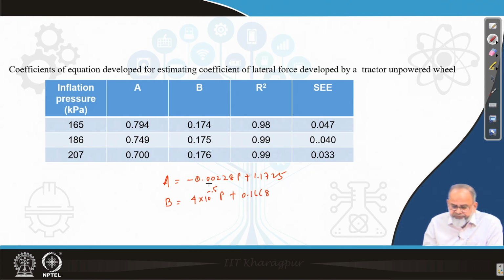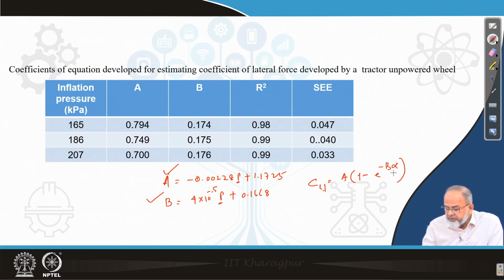That means, if you know the inflation pressure, in this equation the pressure is in kilopascal, immediately we will find out, once you know the pressure at which you are going to operate, then the A and B values can be calculated. Then these values can be substituted in that equation, CLF, the coefficient of lateral force, is equal to A into 1 minus e to the power minus B alpha.